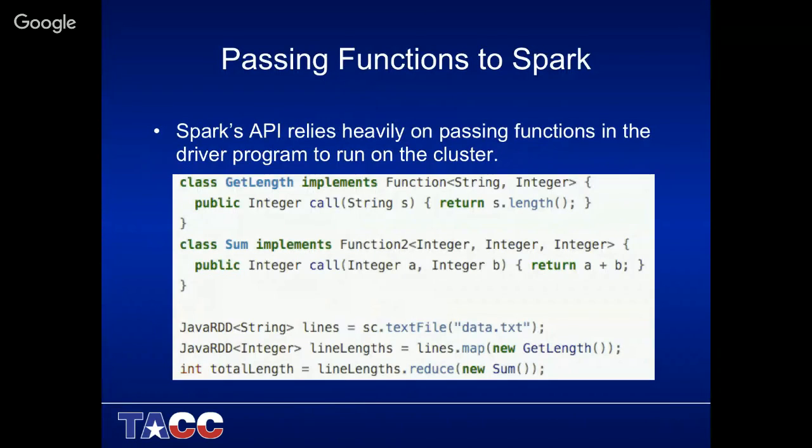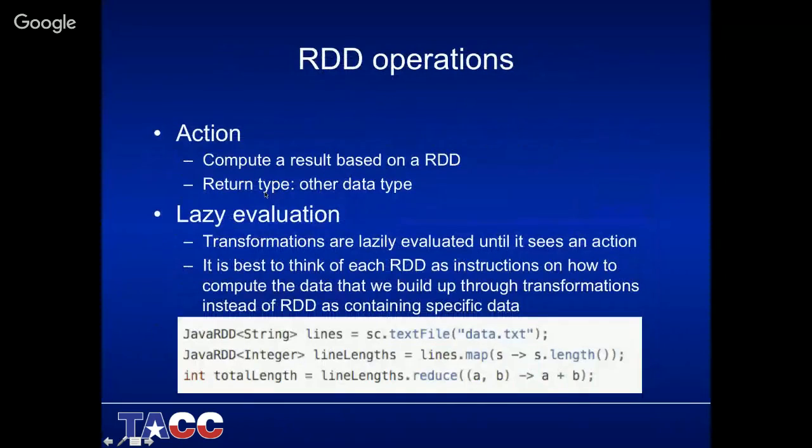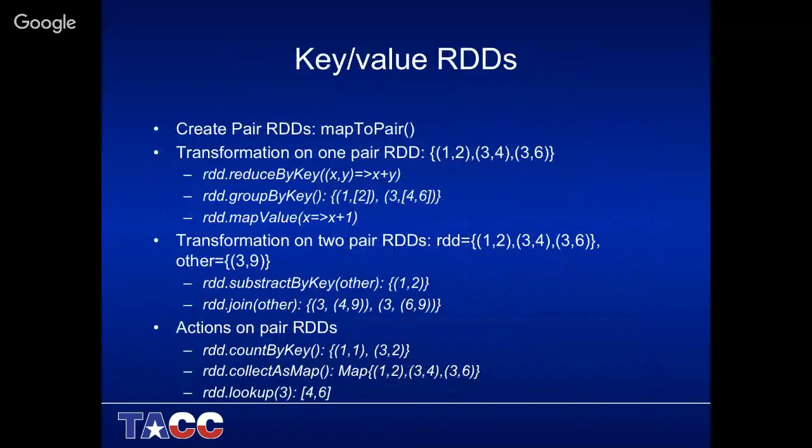One of the most important features of Spark is that you can pass functions, like functions from external libraries such as other Python libraries, or you can define your own functions and then pass the function name to do the computation in parallel. So for example, this example is similar to the earlier one, calculating the length of lines. But you can define your own functions for how to sum up those line lengths.